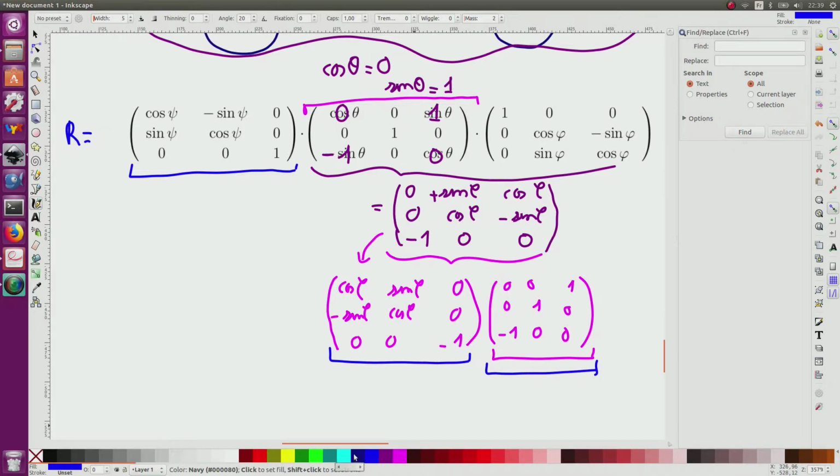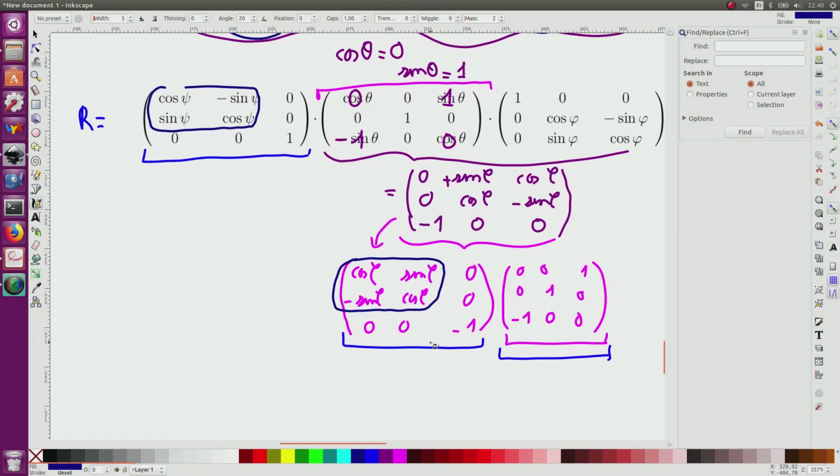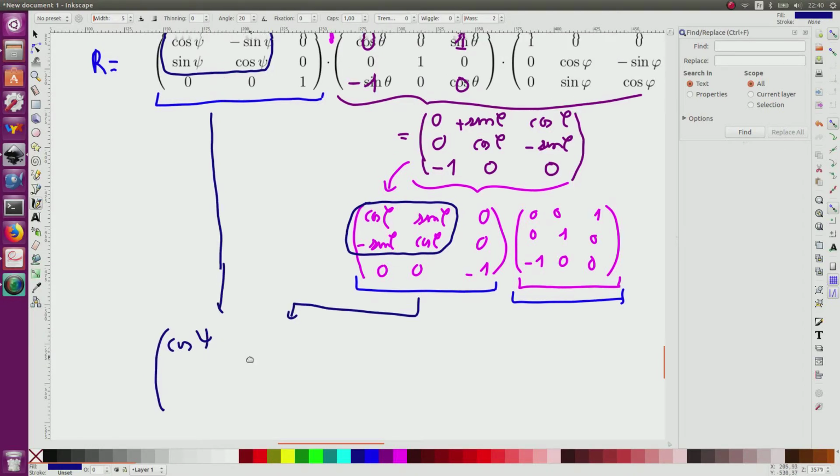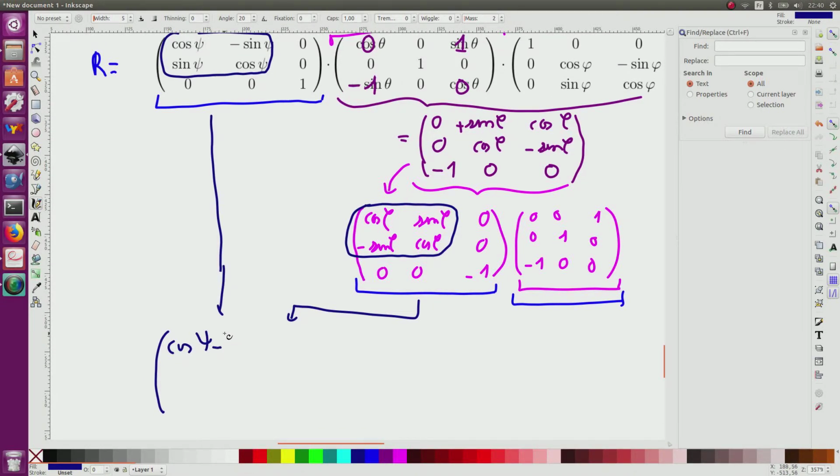Due to the fact that this matrix and this one have the same shape, I can say that the product of this matrix and this matrix is equal to cos of psi minus phi.